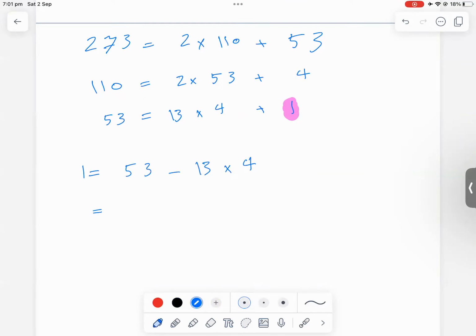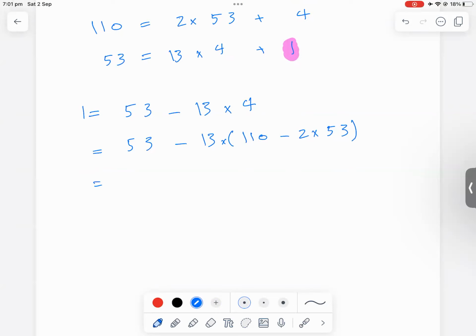So I got 53 minus 13 times (110 minus 2 times 53). Can I simplify this? So minus 13 times 110, and I'll have 26 plus that 1, which will be 27 times 53. All right.